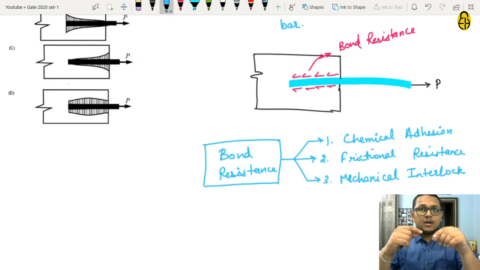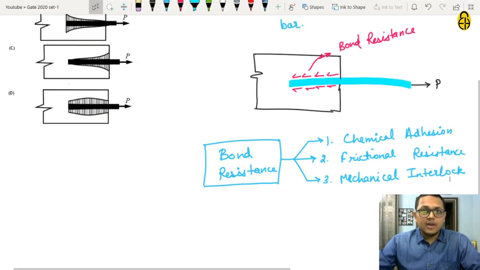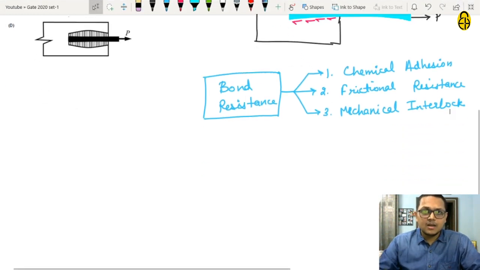If a ribbed bar is used as the reinforcement, which has protrusions on the surface of the bar, as in the case of HYSD bars, let us see with the diagram what the ribs imply.